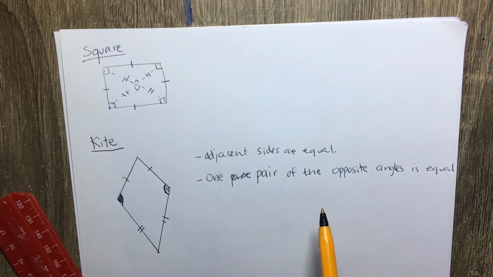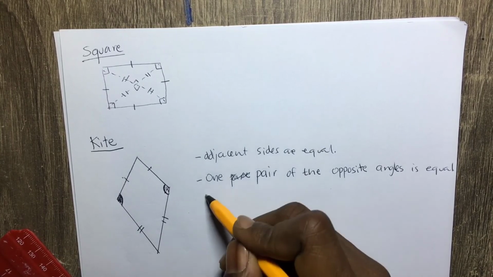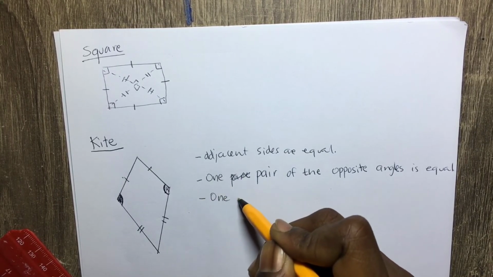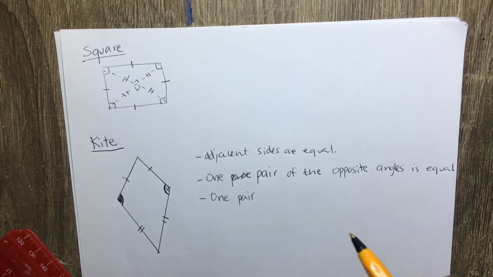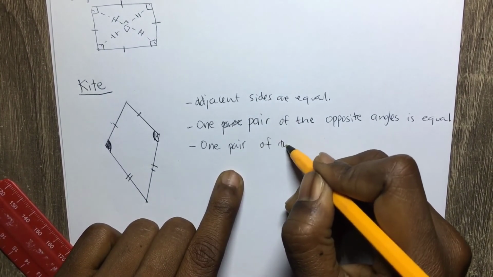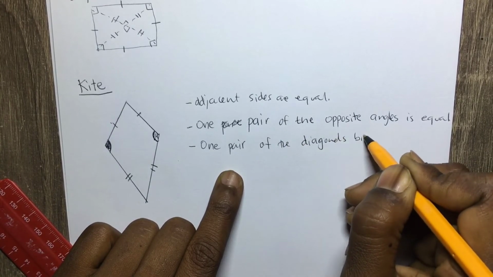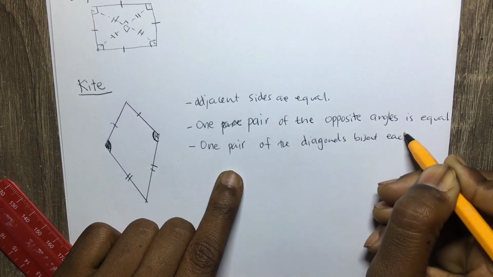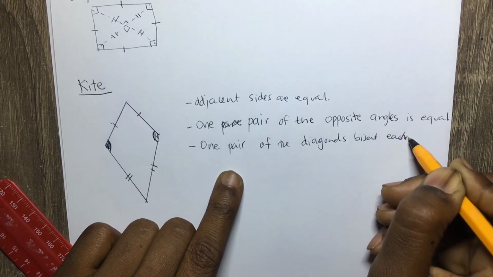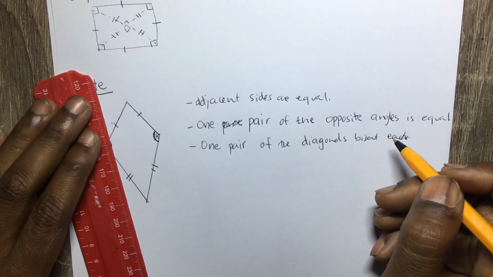And then lastly, only one pair of diagonals bisect each other. So one pair of the diagonals bisect each other. Okay.